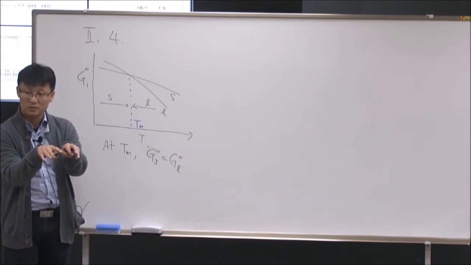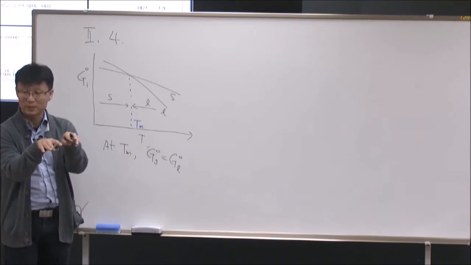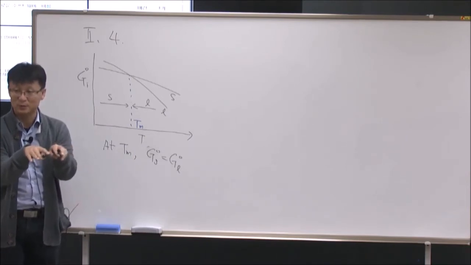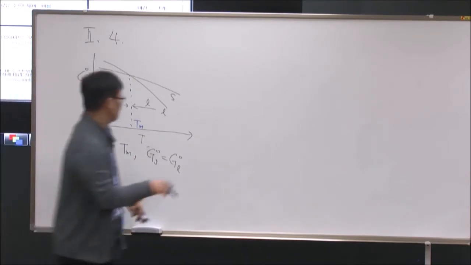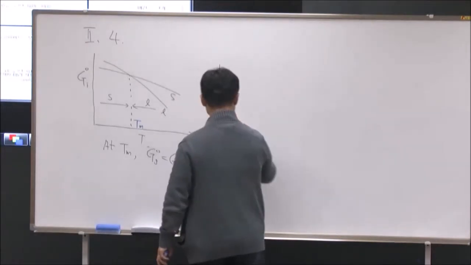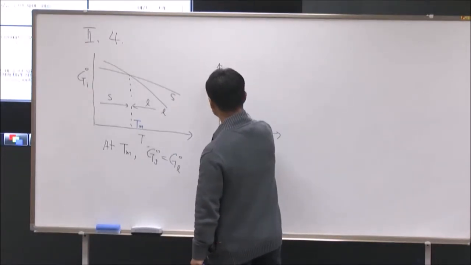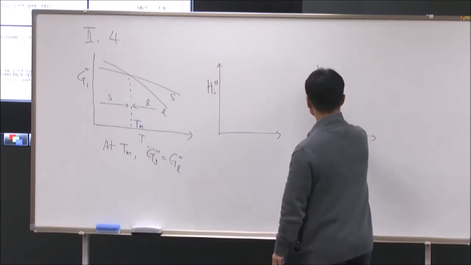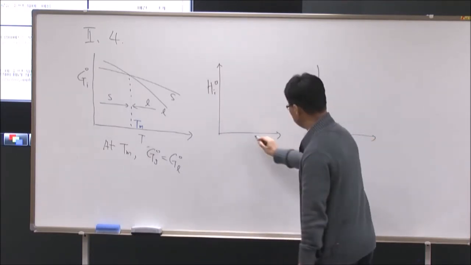Is it okay? Because both of them have exactly the same Gibbs energy. So both phases can exist. That's the melting temperature, yeah? Now if I draw this one in terms of enthalpy, and then in terms of entropy, it's a little bit different.